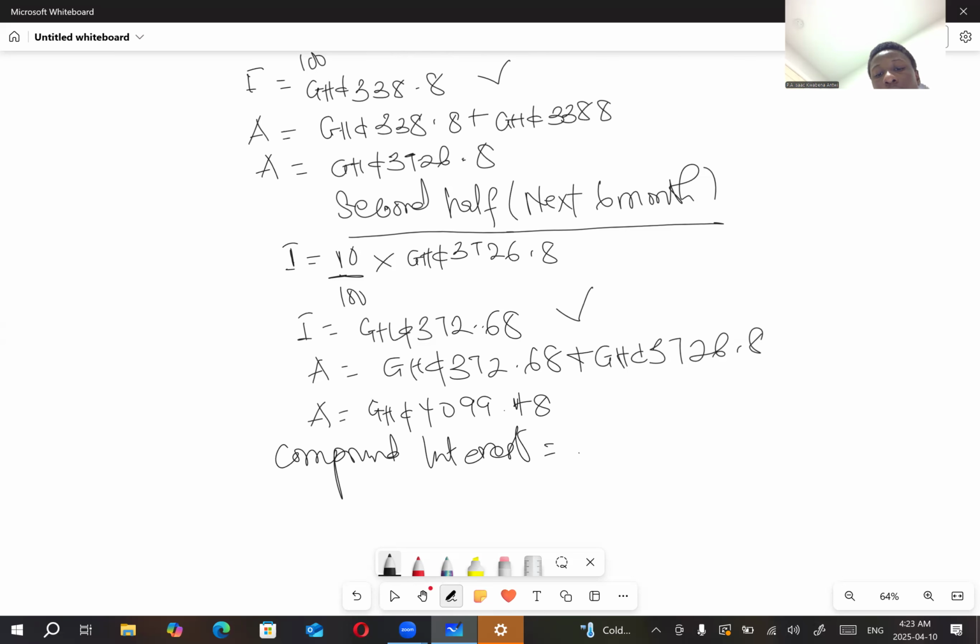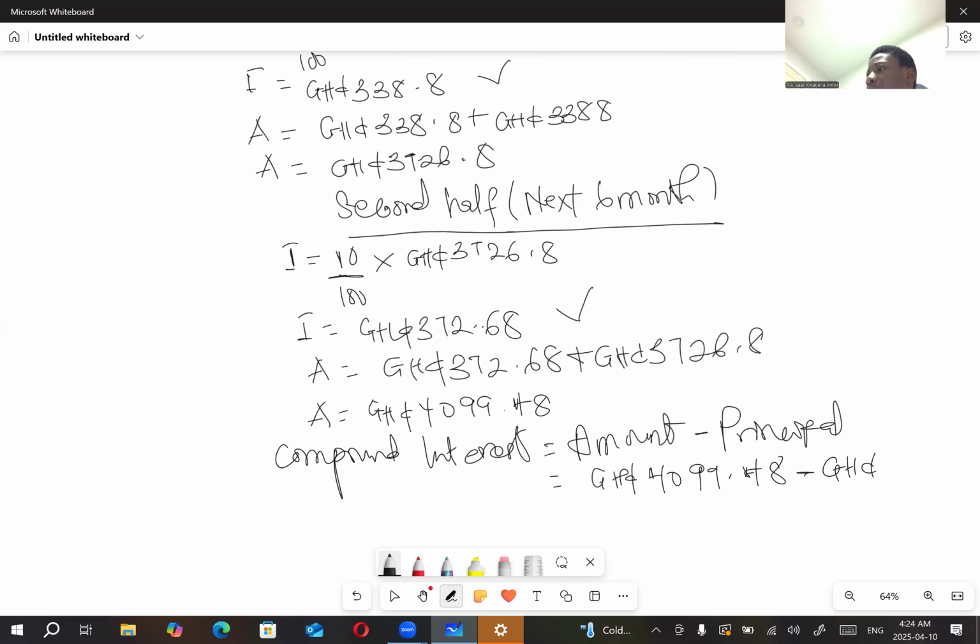Simply put, you take the whole amount, how much she has now, and subtract it from how much she brought to the bank, which is the principal. So it will be observed that now, after being with the bank for 2 years, this person has earned 4099.48. So you subtract the money she brought to the bank, which was, I seem to have forgotten. Oh, yeah, 2008.